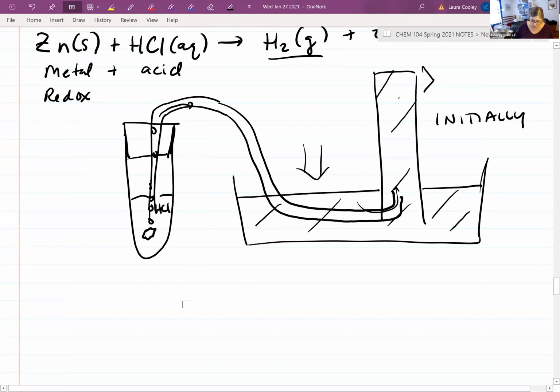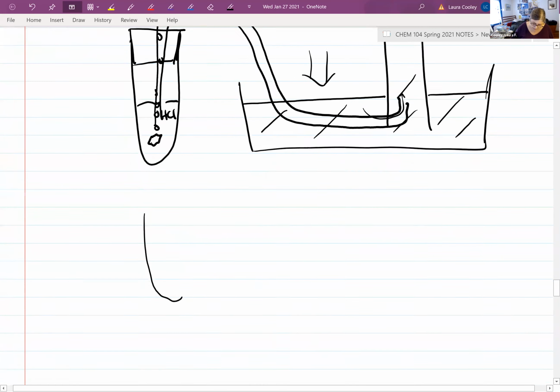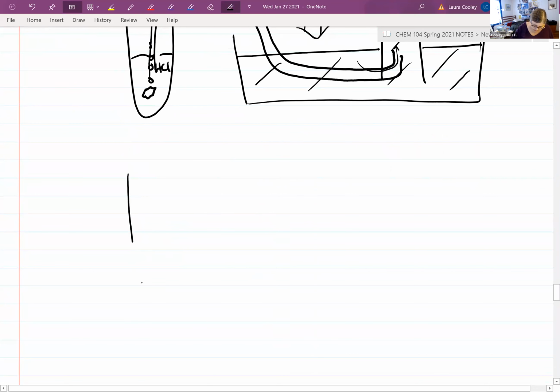But then after a while, as that gas collects, I've got to draw this whole thing again.